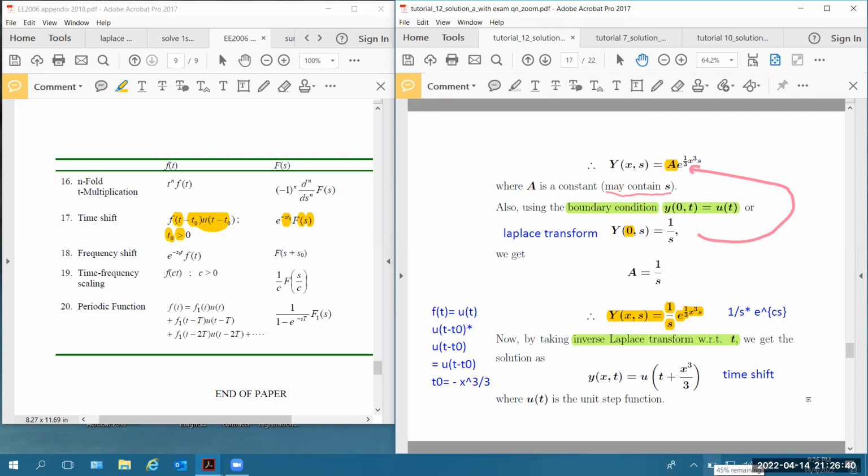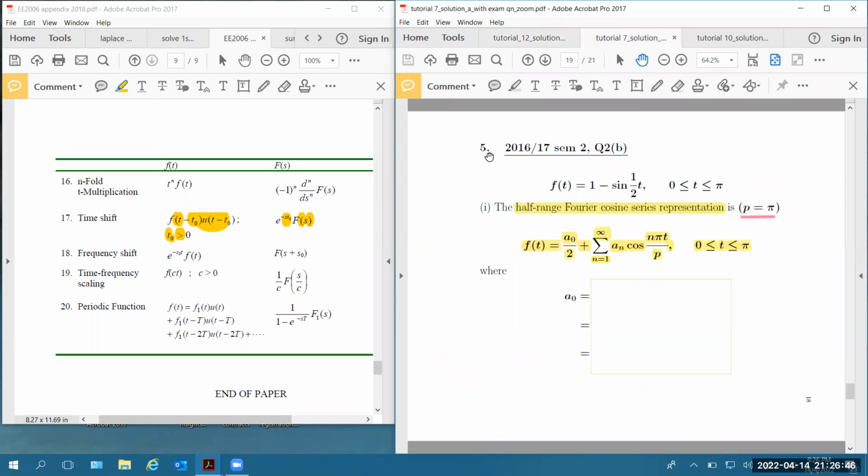Okay, no problem. So let's go and do one question here. All right, so this is the question. So we have f(t) is this function here. No, this one is not a question, this one looks like the solution. And where's my question there?